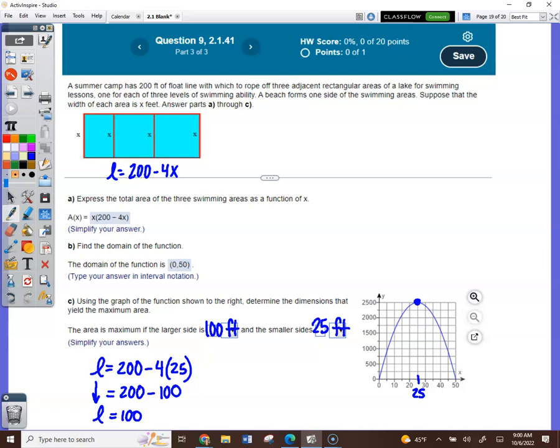The area is maximum, which means your max area will occur when your length is 340 and your width is 85. Here's how you check it. Do 340 times 85 and see if you get that max area. Did you get 28,900? Then it's right.